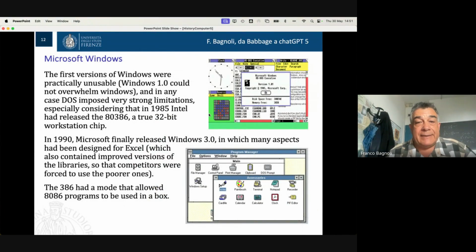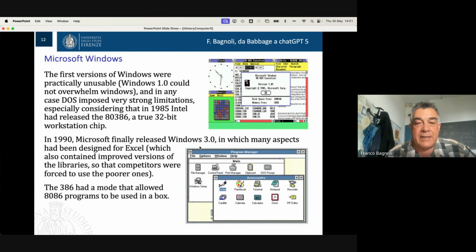But in the meantime, in 85, Microsoft started to develop its own graphic version, Windows. Remember that at that time, Windows is a completely different thing from what Windows is today. The interface may be roughly similar, but the structure was completely different.